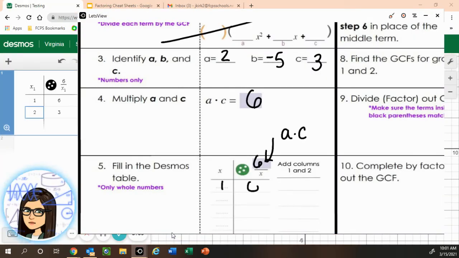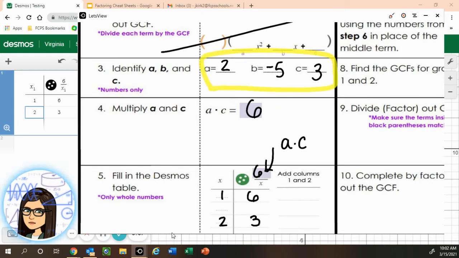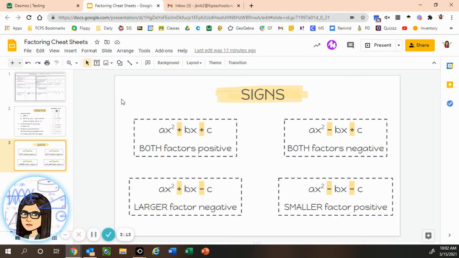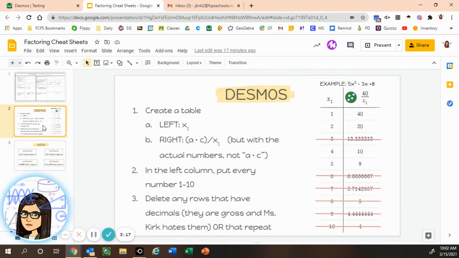We have 1 and 6, 2 and 3. You guys know this looks a little different than our normal expressions where everything is positive. So in Google Classroom, I have this little cheat sheet for you that has it broken down like a sign cheat sheet. It also has the chart and an explanation of the Desmos, how to make the table.